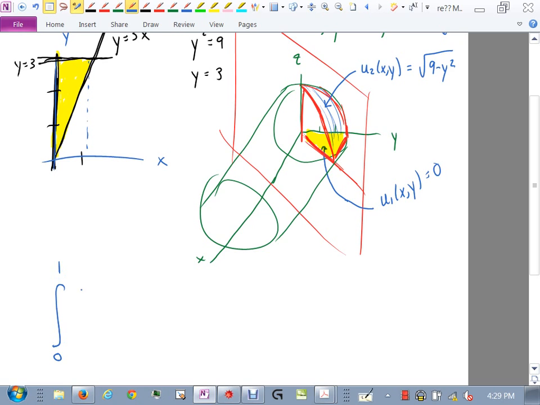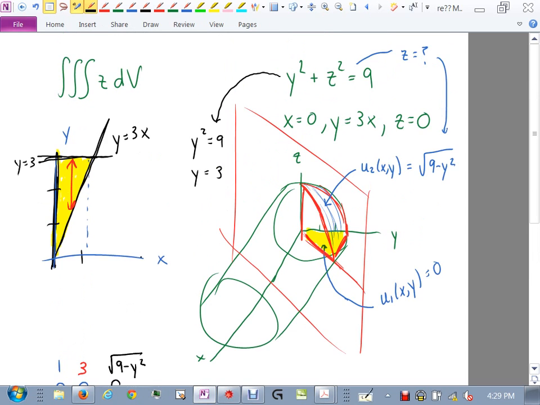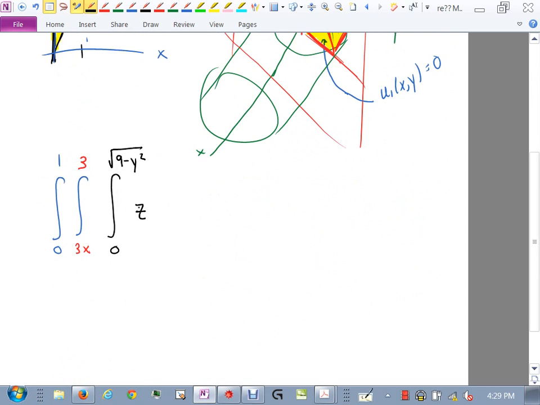Then the middle would be my restriction on Y, because it's type 1: 3x to 3. And then my inner integral is my restrictions on Z: 0 to square root of 9 minus Y squared. And then finally, what am I integrating? Z, right? dz dy dx.